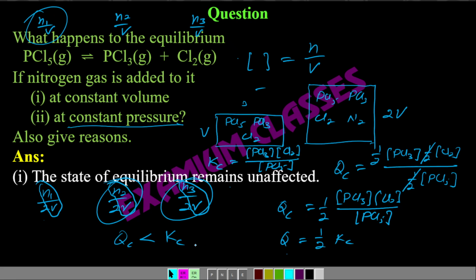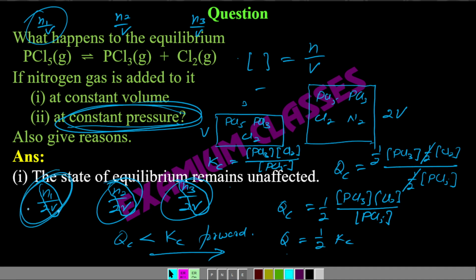If QC is less than Kc, the reaction will go in the forward direction. You know that. So in this case, when it is constant pressure, you have to apply the simple normal logic: QC is less than Kc or QC is greater than Kc, by calculating the new concentrations.